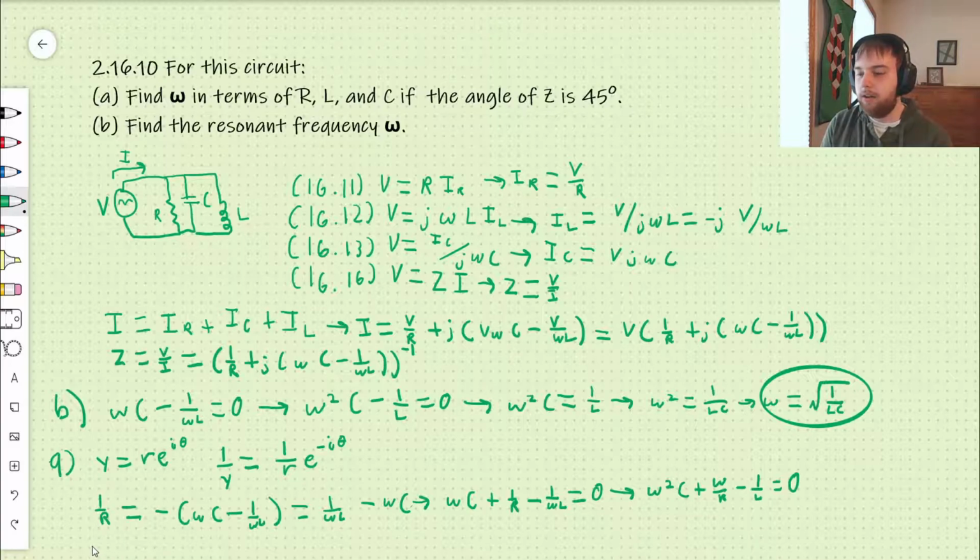we can here say that omega must be equal to negative 1 over r plus or minus the square root of 1 over r squared minus 4.